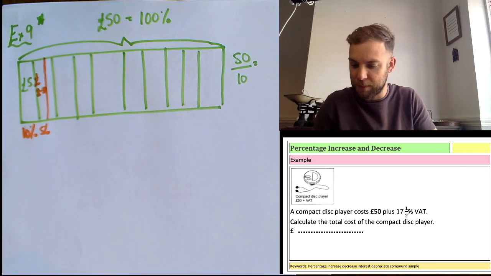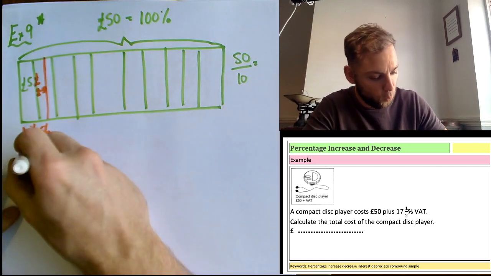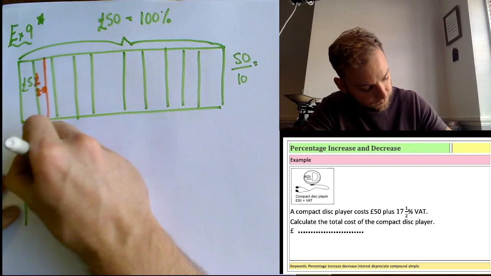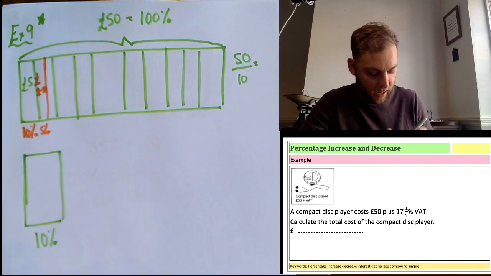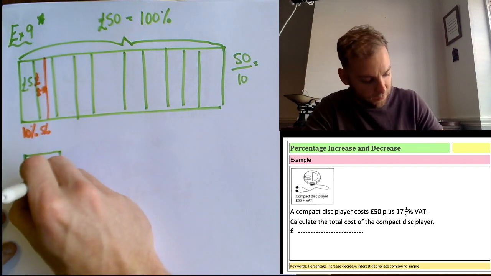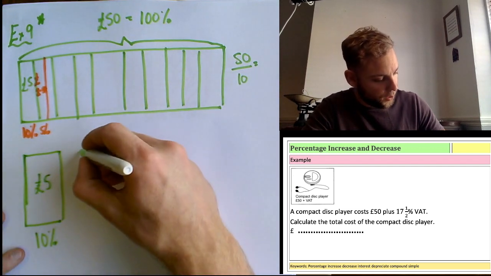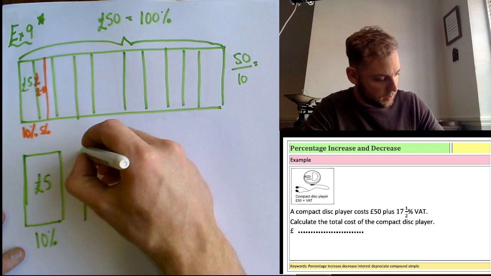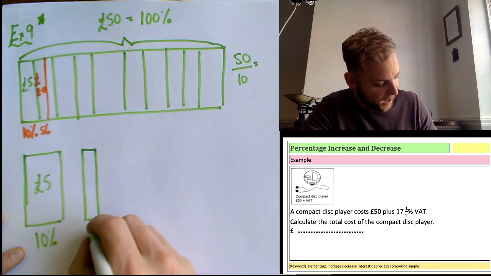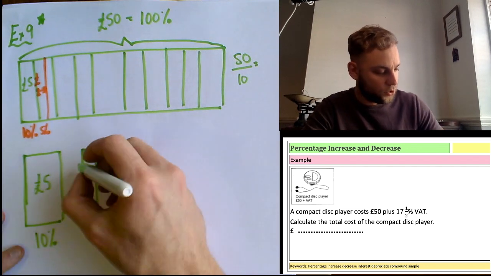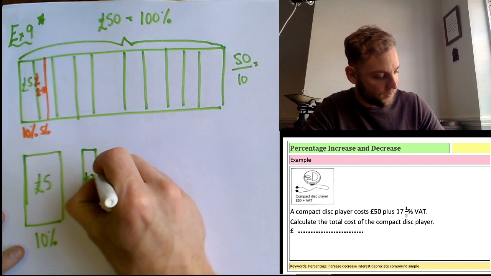So here, let's just make it big so I can see. I know that one of my blocks, which is 10%, is equal to the £5. I know that half of one of these blocks, which is 5%, is equal to £2.50.